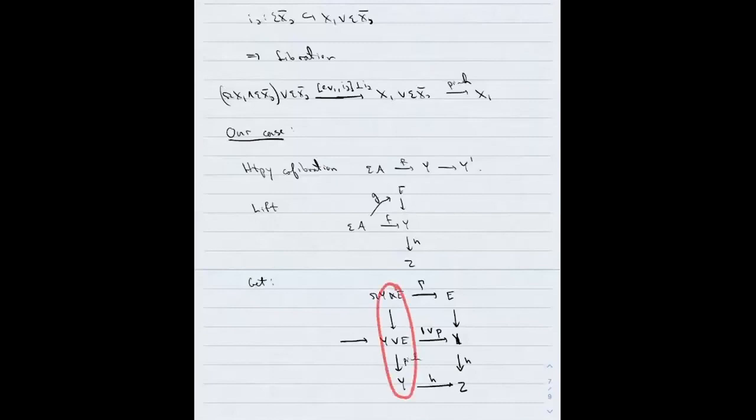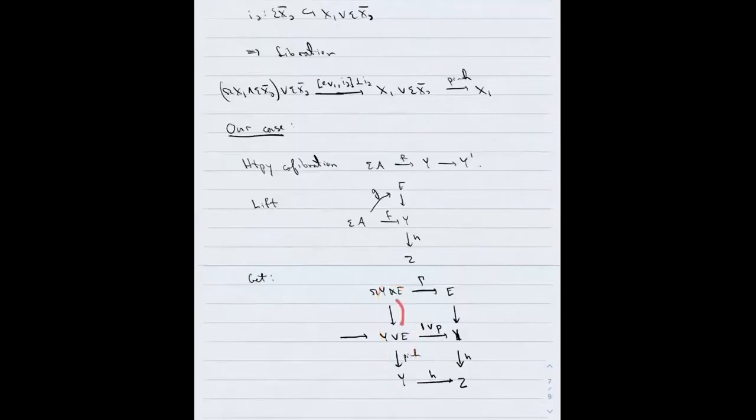we have a fiber of the pinch map, and we know how to identify this map when E is a suspension. Right now, generally, E is just some fiber in this fibration, and it won't be a suspension. So we have to adjust a little bit by just precomposing.